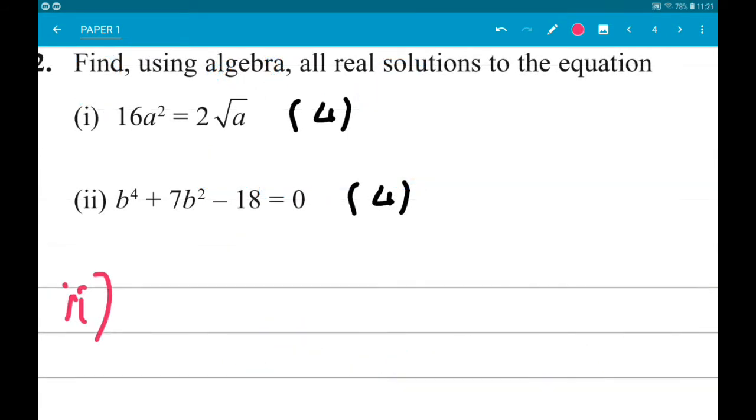Part 2, b to the power 4 + 7b squared - 18 is equal to 0. So this is quadratic, although it might look a bit scary. So what we can do, if you want to, you don't have to, you could say let y equal b squared.